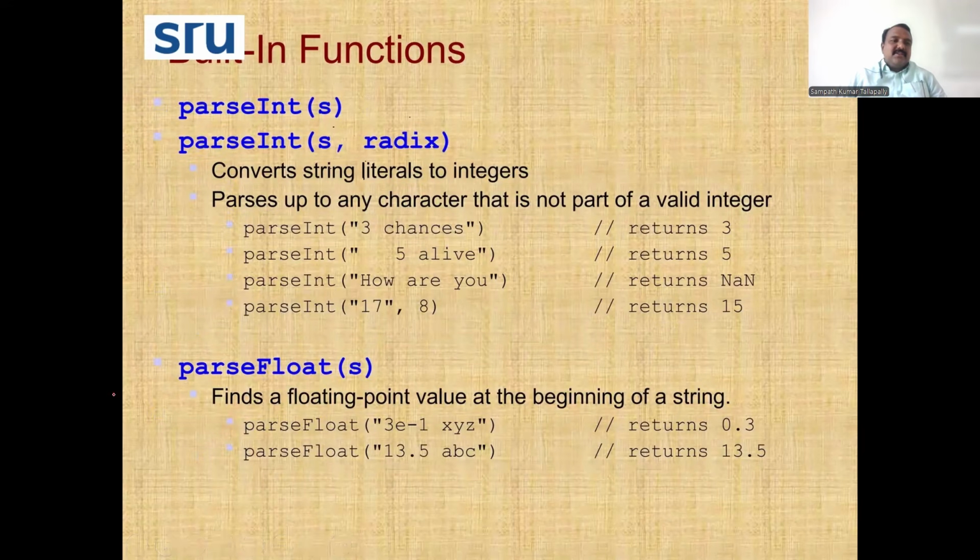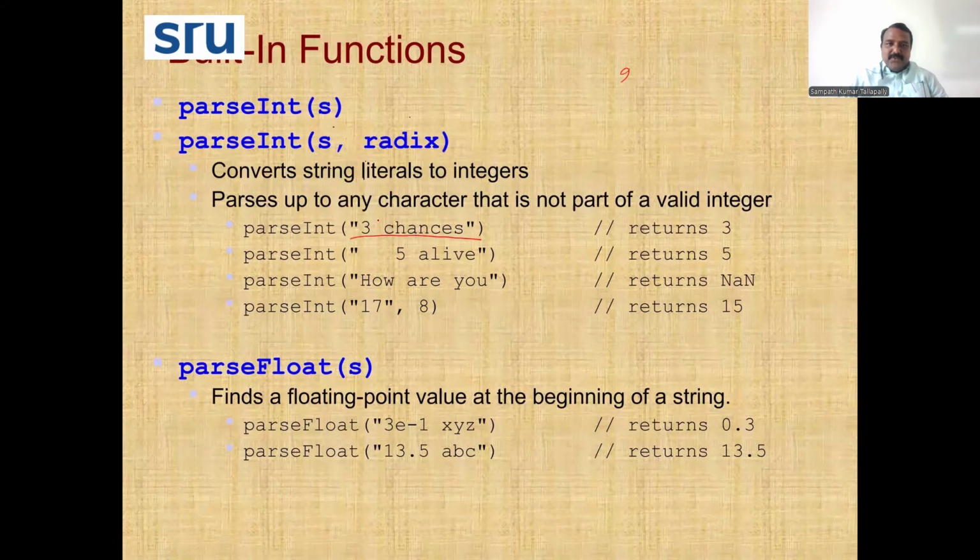Then we have some more functions here, like parse int with a radix. It parses up to any character that is not a part of a valid number. See here now, parse int. This is a string because it is in double quotes.